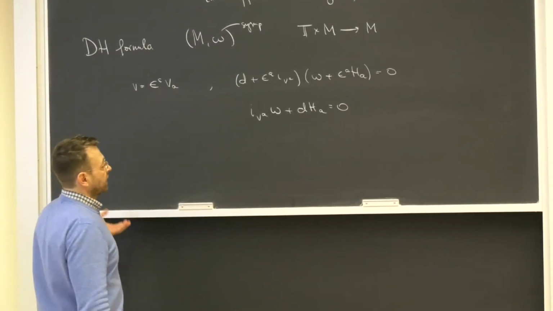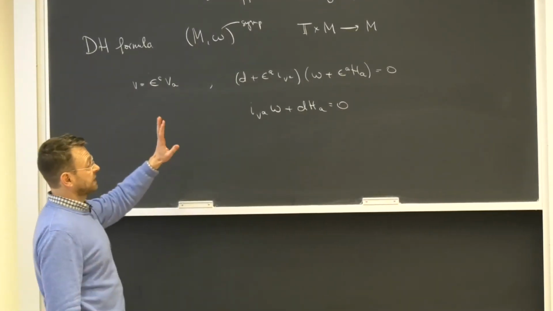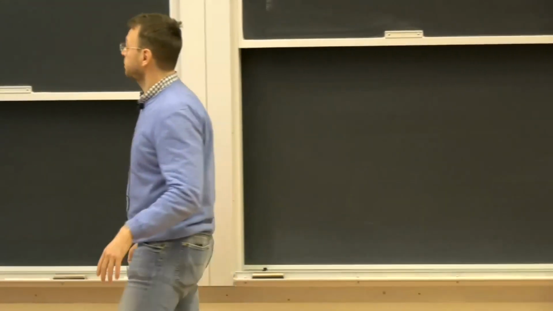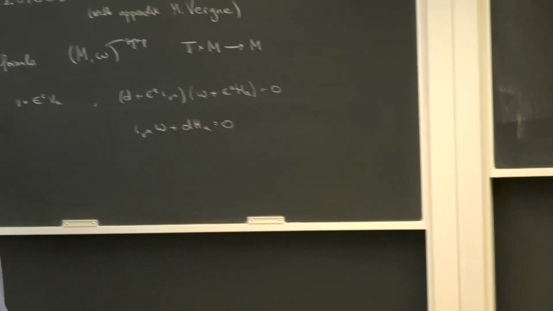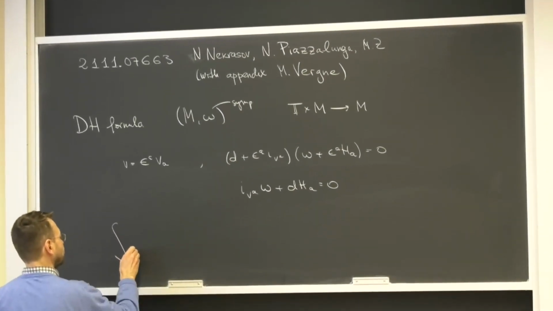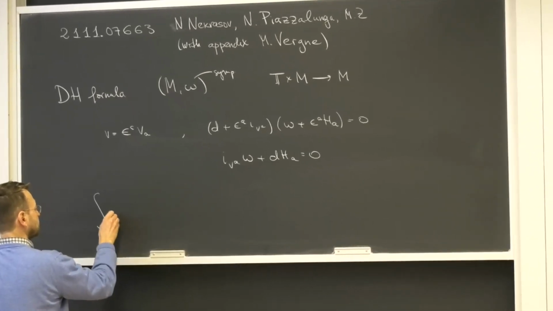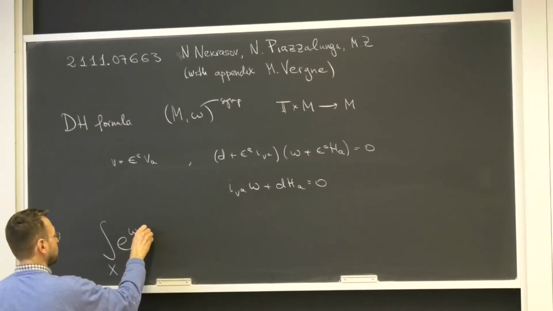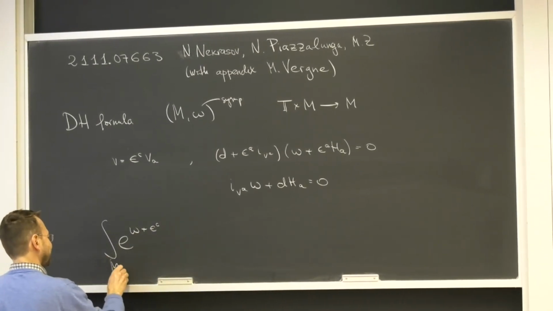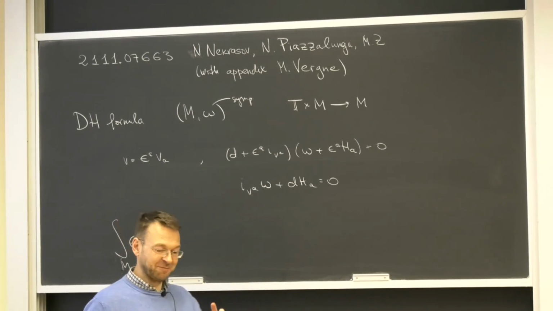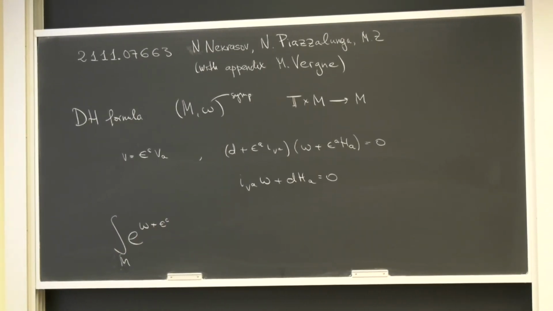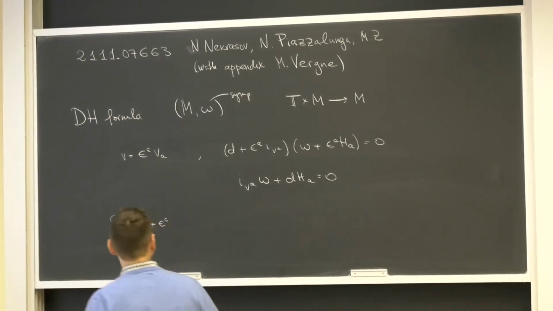Okay. For the sake of simplicity, I will assume that all my fixed points are isolated, etc. And then we know that there is a way of calculating this. If I write the integral over my manifold X of e to the omega plus epsilon H, with some co-authors I write M, and with some co-authors I write X, and they're very insistent about it. I don't know why.